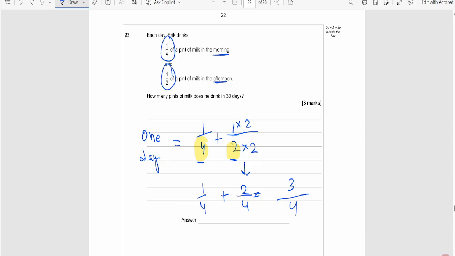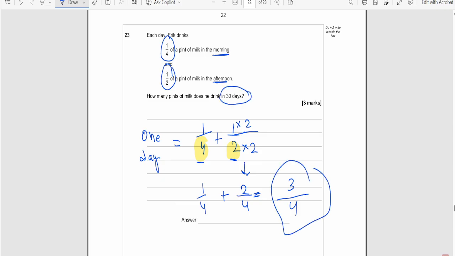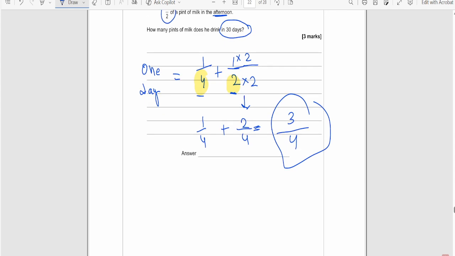So this is the milk he drinks in one day. For how many days do we have to find? For 30 days. If he drinks this much in one day, what would be the amount of milk he drinks in 30 days?